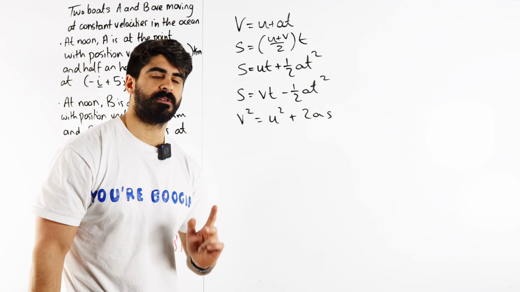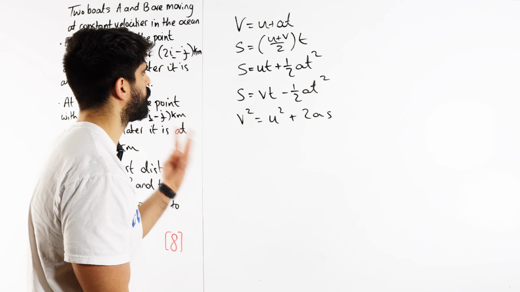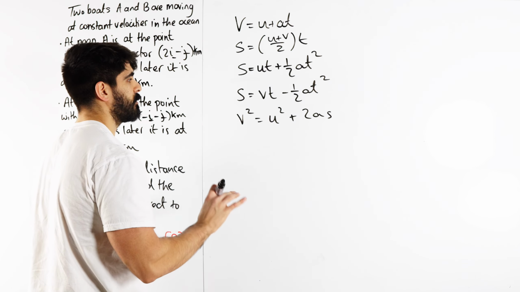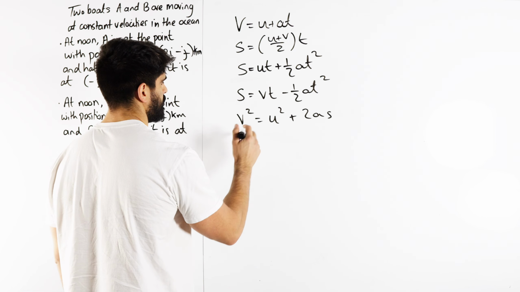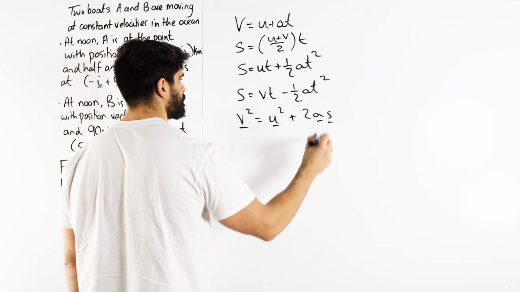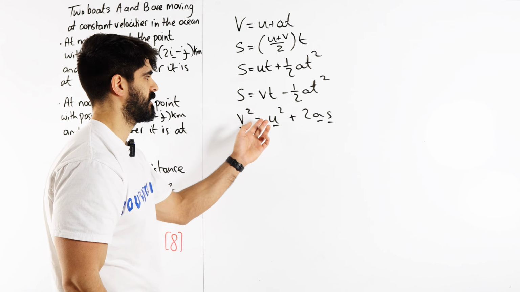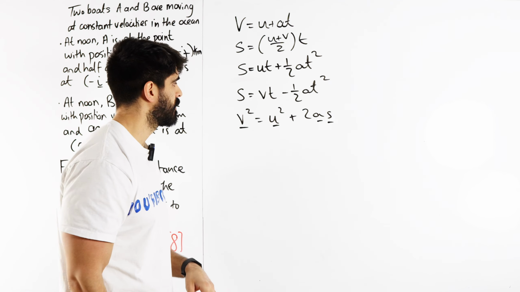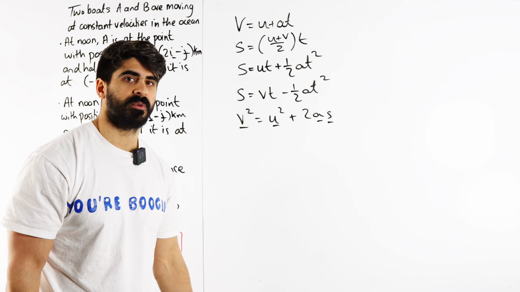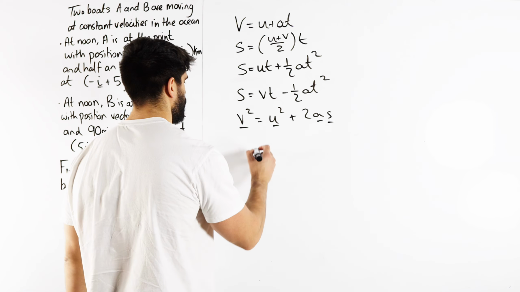Now, which one of these can be represented in vector form? Only 4 of them can. The only one that we cannot is this. The reason for that is, if I underline this, representing velocity, initial velocity, acceleration, and displacement as a vector, what does v squared mean? What does it mean to square a vector? We don't know.